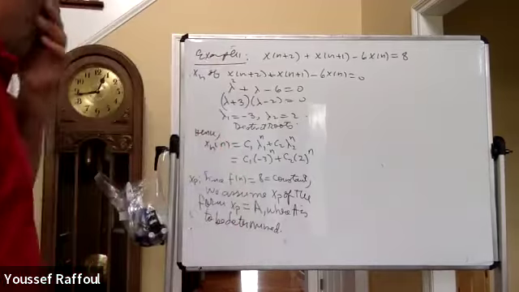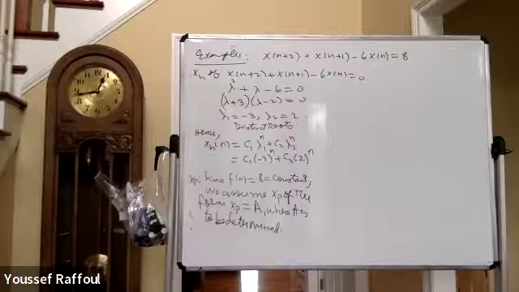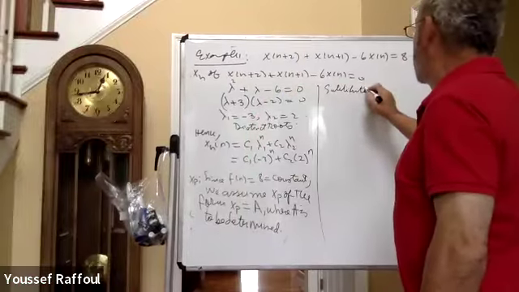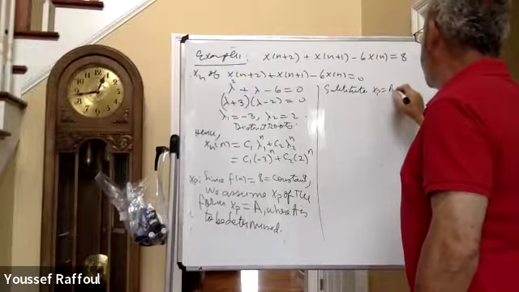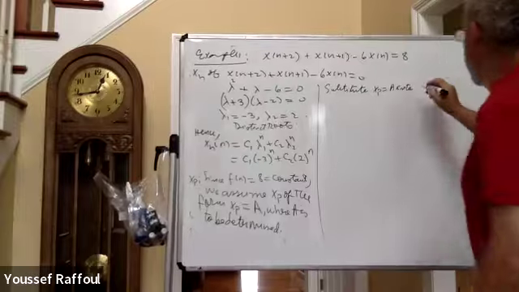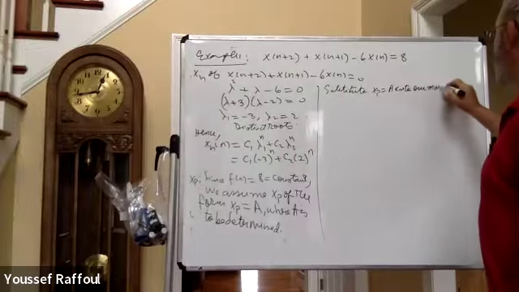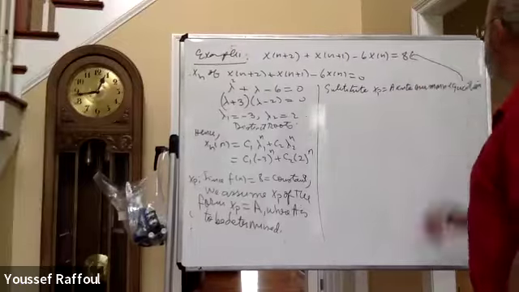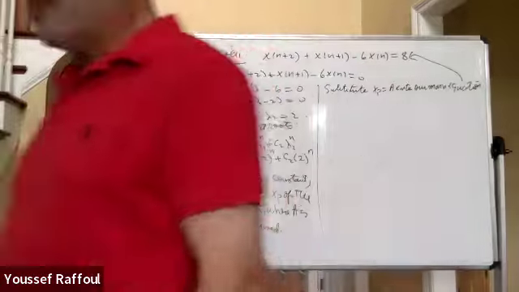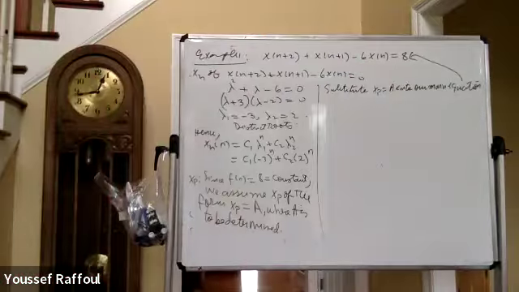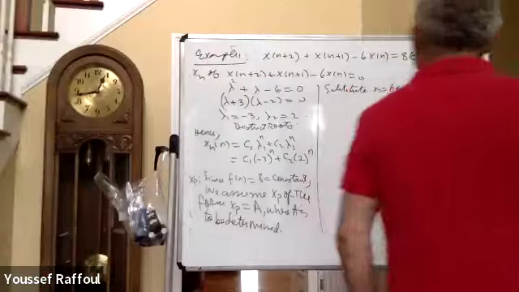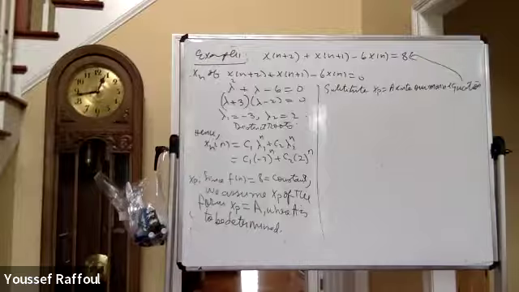Where a is a constant, a parameter. So what we're going to do is substitute x_p equals a into our main equation.